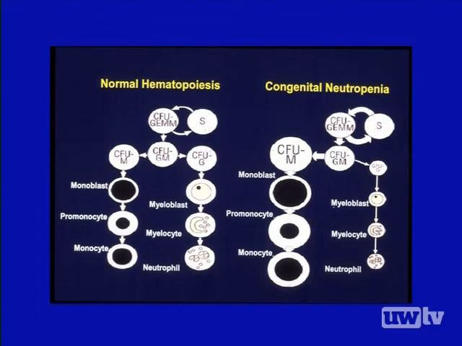In the disease congenital neutropenia, you actually overproduce monocytes in an effort to produce a normal number of neutrophils. You do that by revving up this early machinery, we believe, and this is probably the part of the system that makes some patients vulnerable to developing leukemia. We don't know that for sure, but that's what we're working on in research now.